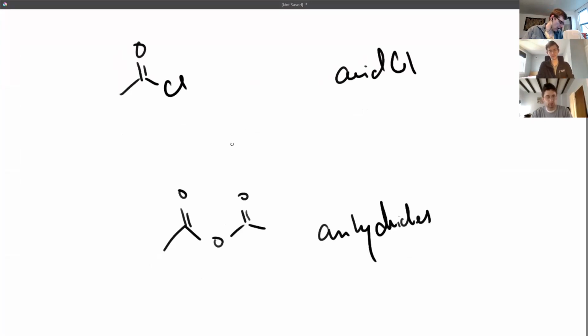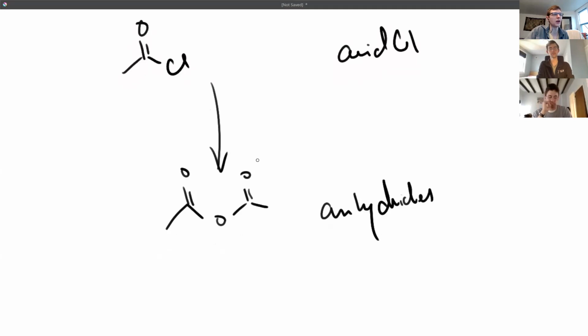Especially if you say something like rank each of these in terms of their reactivity with an organocuprate or a Grignard reagent or something like that. Or just in general for nucleophilic carbonyl substitution. Yeah. And so there's this series where you can go down to anhydrides and go from there.